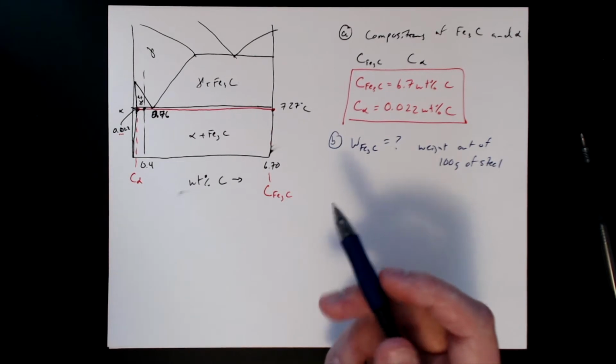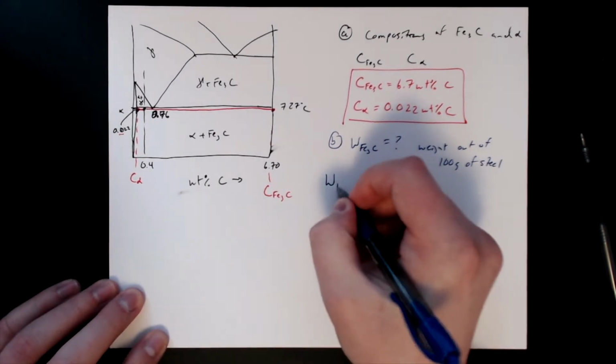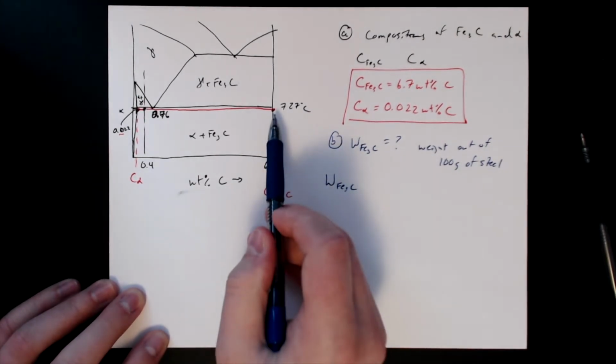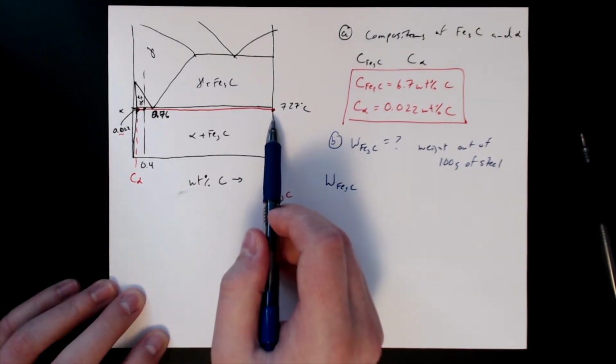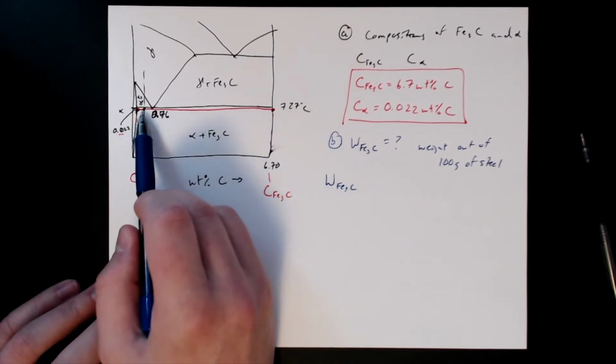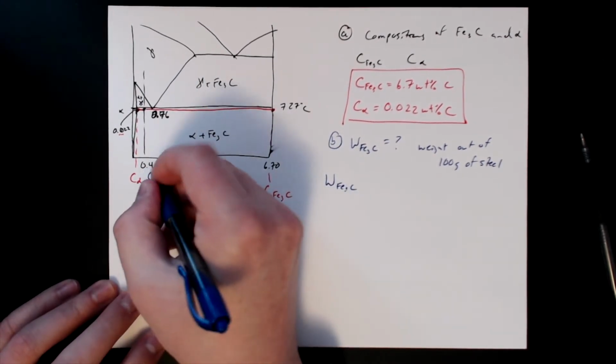That's all it is. We know the weight fraction of Fe3C, when we look at the lever rule, since the composition of cementite is over here, we're going to take the opposite section compared to our alloy of 0.4.